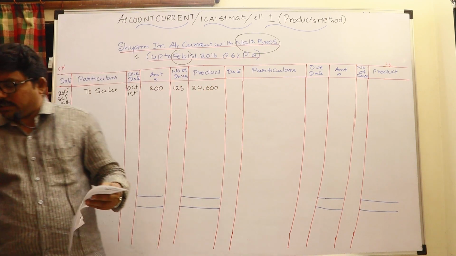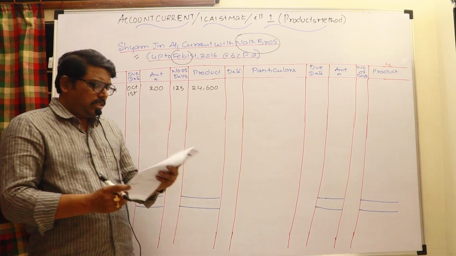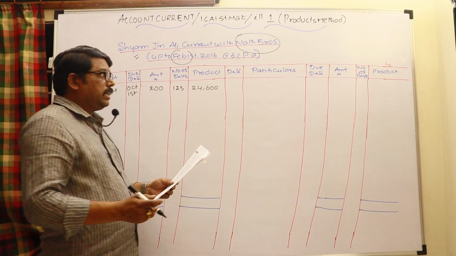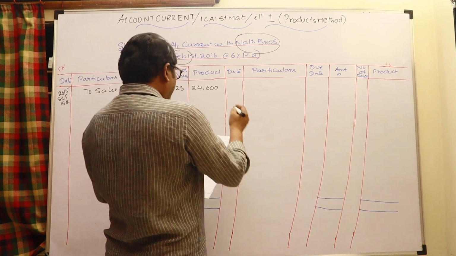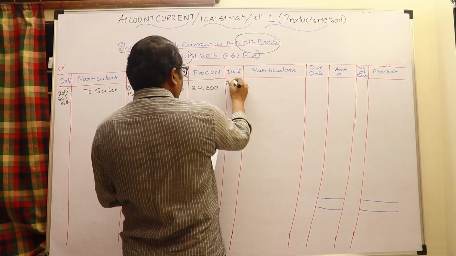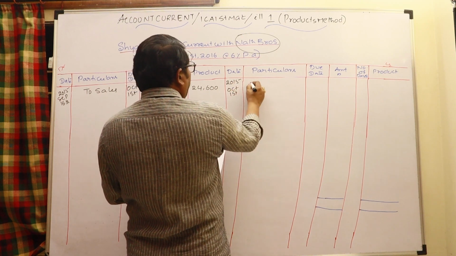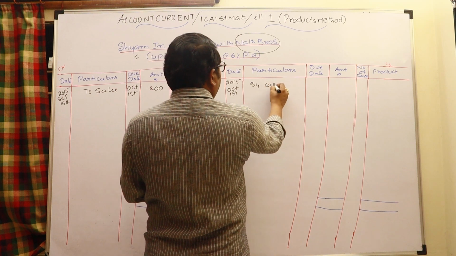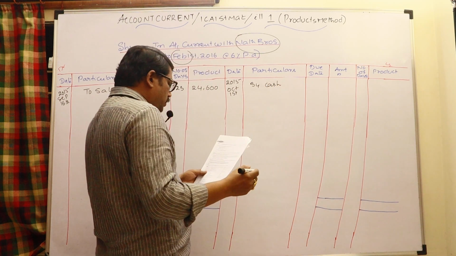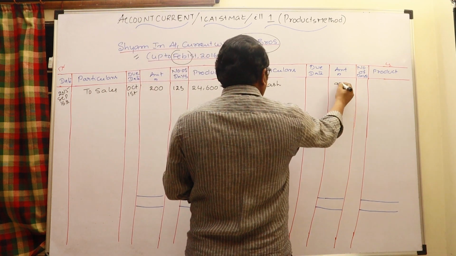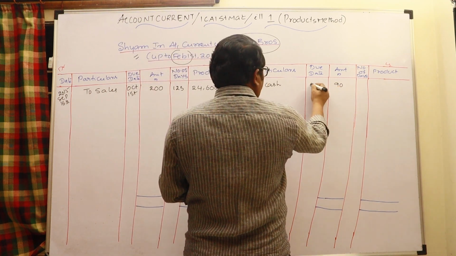Look at the next transaction: October 1st, cash received from Shyam. Entry: cash account debit to Shyam. In the Shyam account, by cash, 2015 October 1st, amount 90.